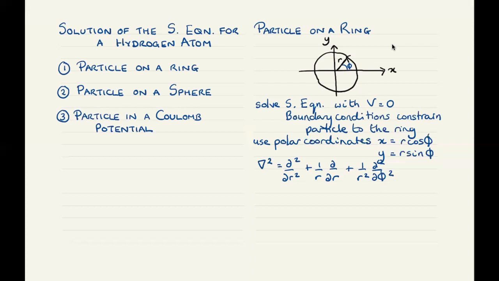And because our particle is constrained to be at a constant r, this reduces to del squared psi equal 1 over r squared d2 psi by d phi squared. And again, this is because psi is a function of the angle phi, but it's not a function of r.